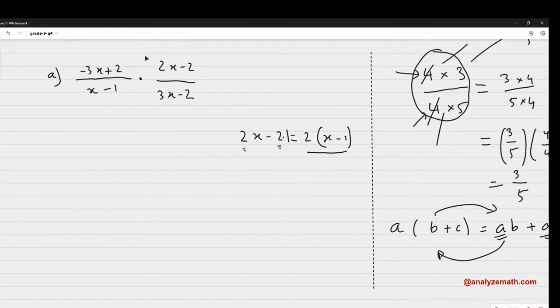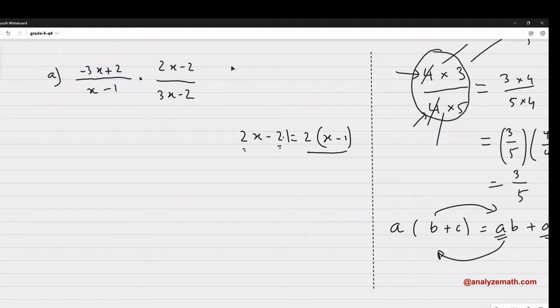So we can factor this. Now here there is nothing to factor, and here there is nothing to factor. But when you compare this with this, what is the difference between them? It looks like the difference is a minus sign.